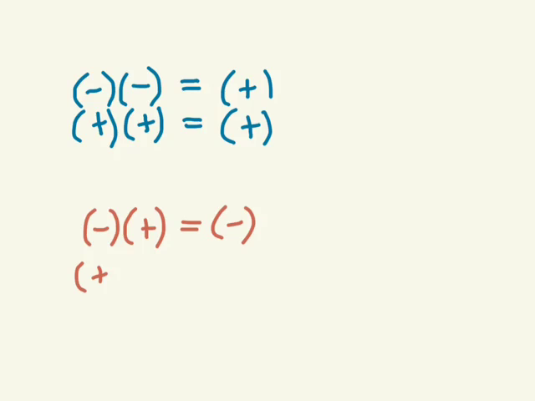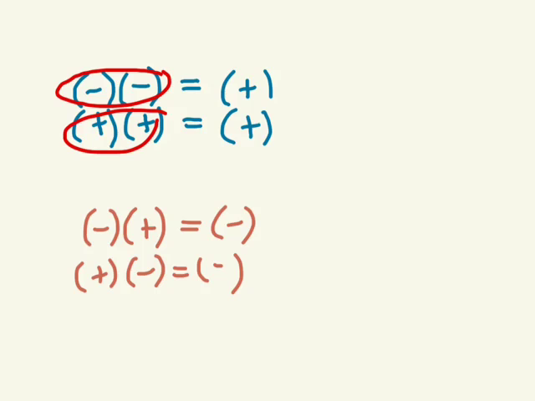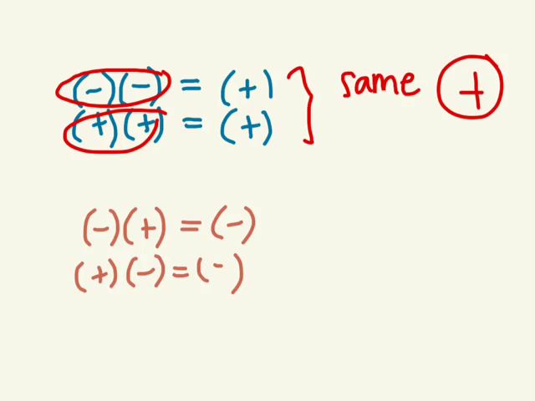What about a positive and a negative? The result will be? Negative. Here, the 2 signs are the same, and here the 2 signs are the same. When the 2 signs are the same, what will the answer always be? Good.